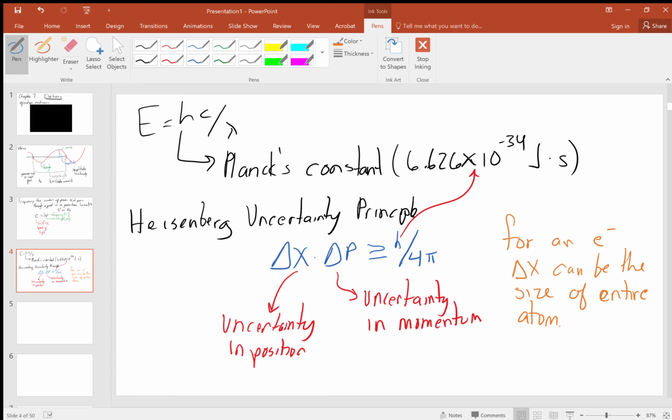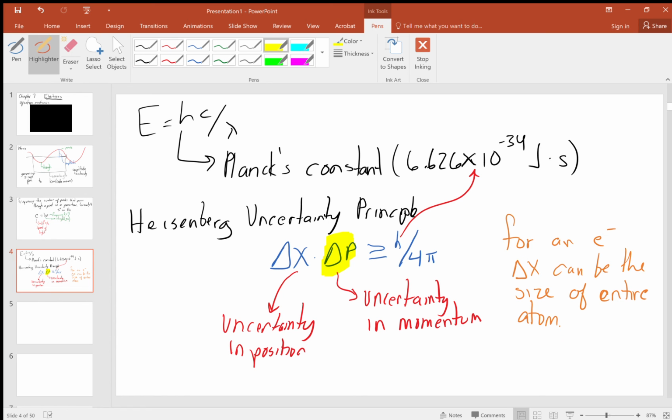So does that mean that we don't know exactly where the electrons are within an atom? And the answer, remarkably, is yes. In fact, one of the interesting things about electrons is, let's say we were trying to determine their position. Well, because of how small electrons are, the mere act of observing the electron ends up changing its momentum.